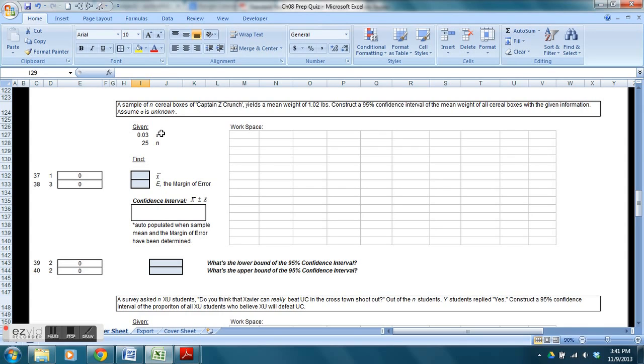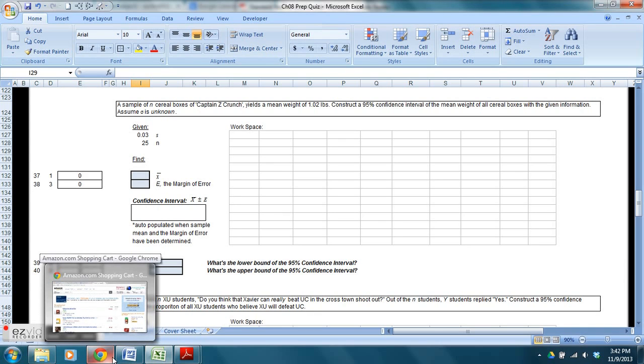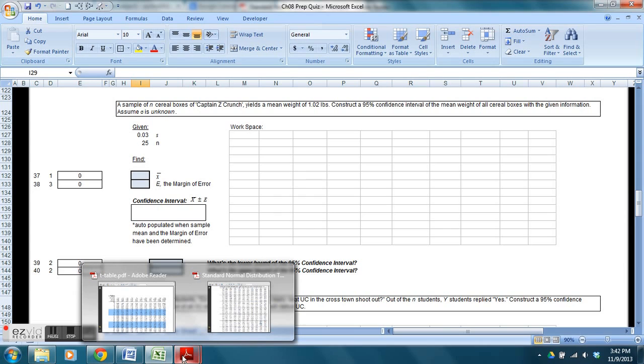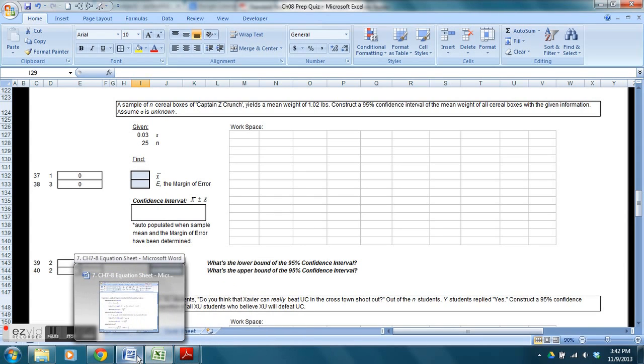And as soon as you realize that the population standard deviation is unknown, then you remember in that case we don't use the z distribution, but we use the t distribution. The t distribution is what you use when you don't know the standard deviation of the population.